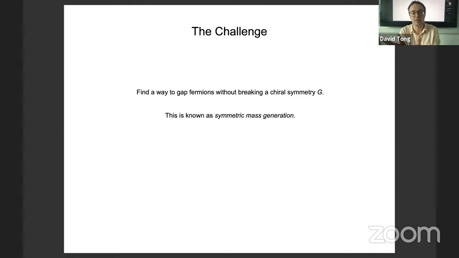Having achieved that in the continuum, there's a next question, which is whether it's possible to transport that onto the lattice and implement it in that framework. So I'll primarily focus on the continuum, but at the end of the talk, we're going to jump back to the lattice and see what the issues are when you try to implement symmetric mass generation there. So that's where we're going.